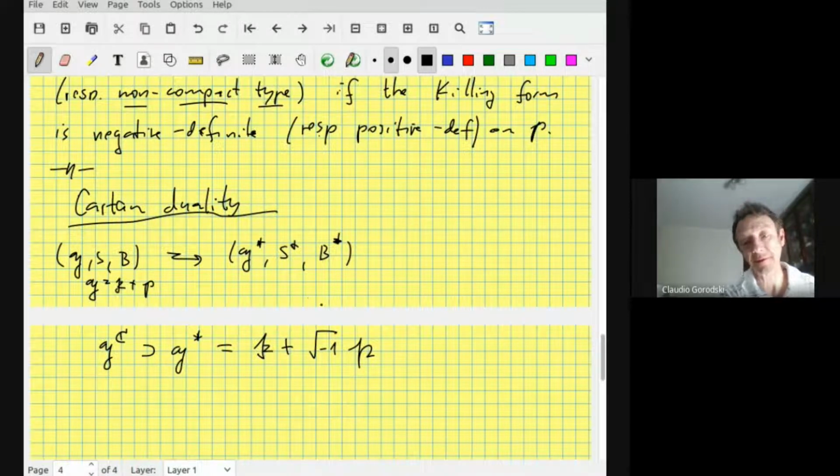So it's easy to see that this is going to be a real Lie algebra of the complexification. And it's an involutive decomposition also.